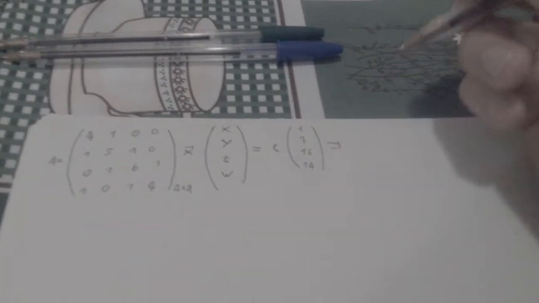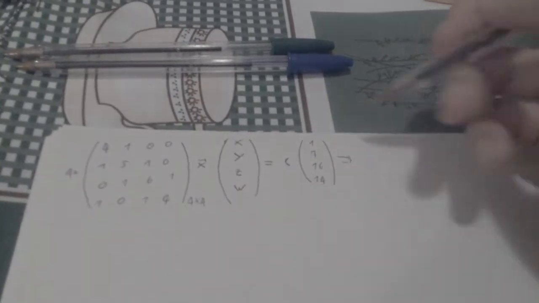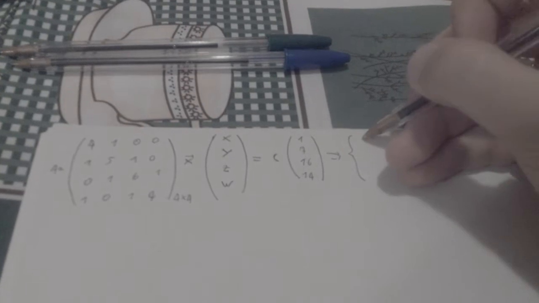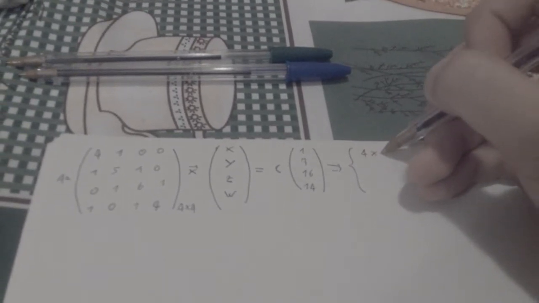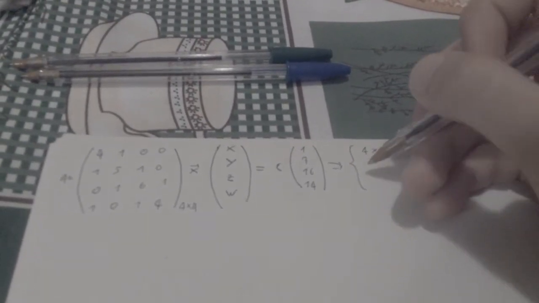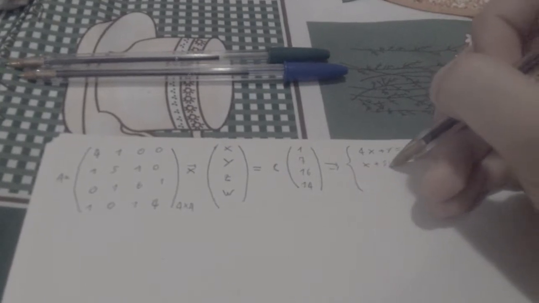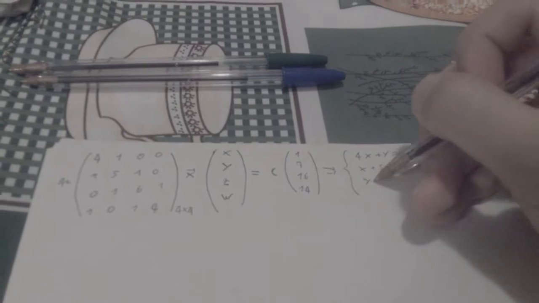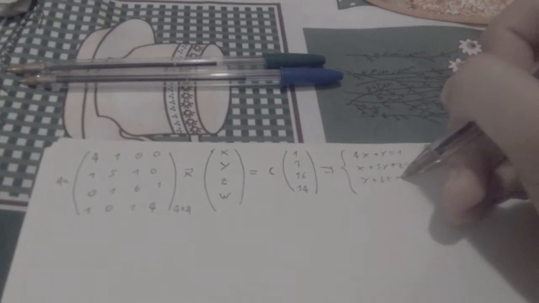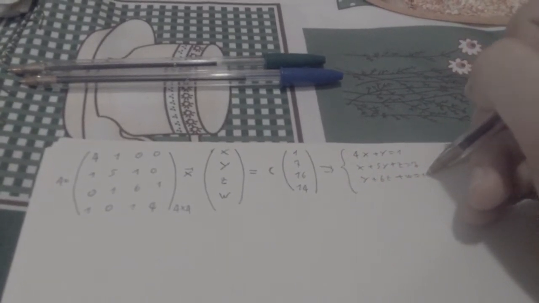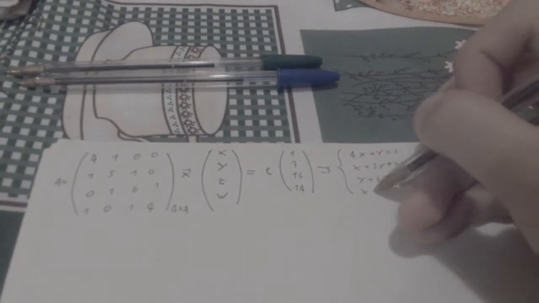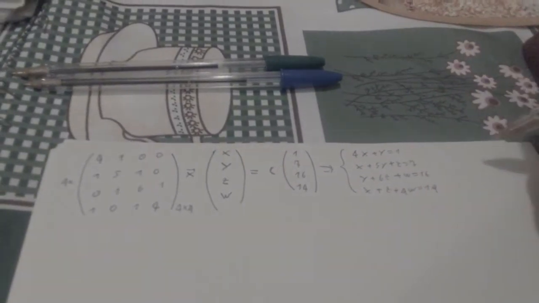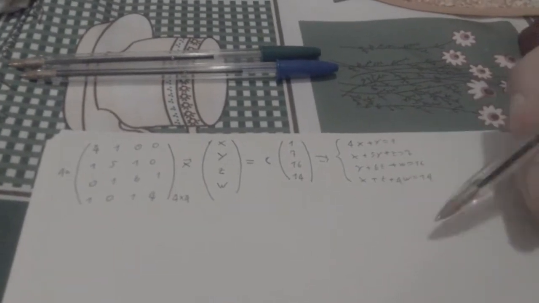And therefore, this is just a linear system of equations, which is basically 4x plus y equal to 1, x plus 5y plus z equal to 7, y plus 6z plus w equal to 16, and x plus z plus 4w equal to 14. Okay, so this is basically our system of linear equations.